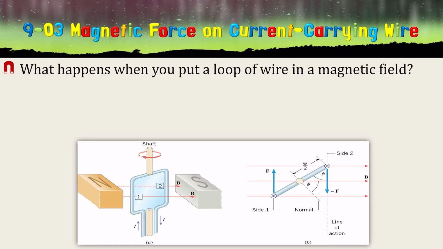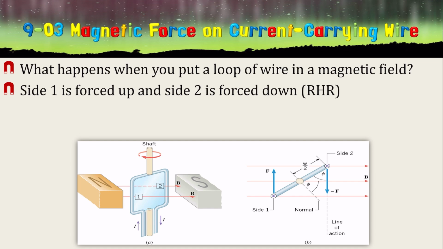Here's another application. What happens when you put a loop of wire with current on it in a magnetic field? Well, here we can see side 1. If we use our right-hand rule, so our fingers are that way, our thumb is coming straight up, so then the force would be up. Likewise, side 2 is force down. So this produces a torque, which then would rotate this loop of wire.